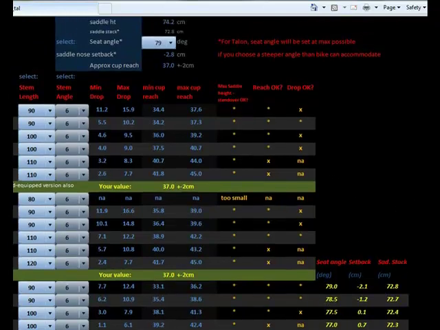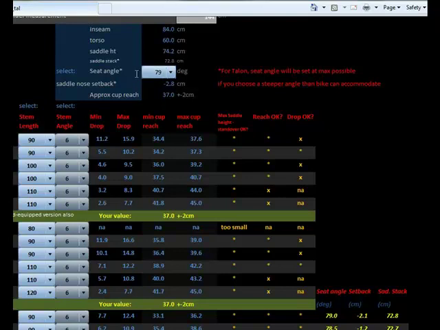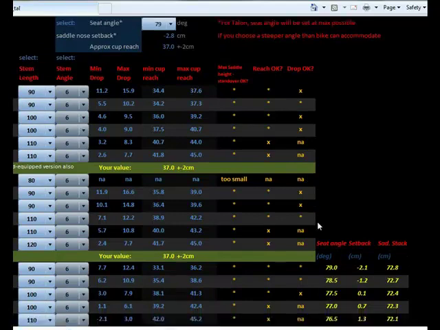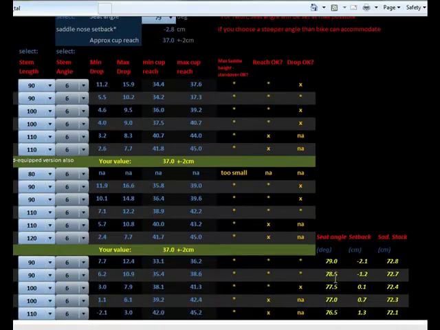They are not relying on the seat angle shown here. Now, for instance, the smallest Talon can achieve a 79 degree angle, but the other sizes of the Talon frame, you'll notice, are going to be using a slacker seat angle because that is the maximum angle that the Talon can achieve.